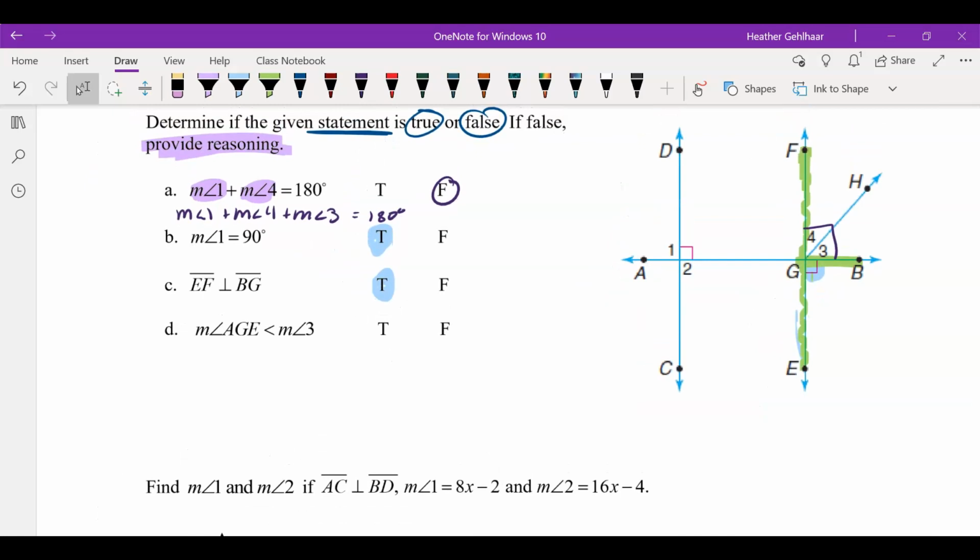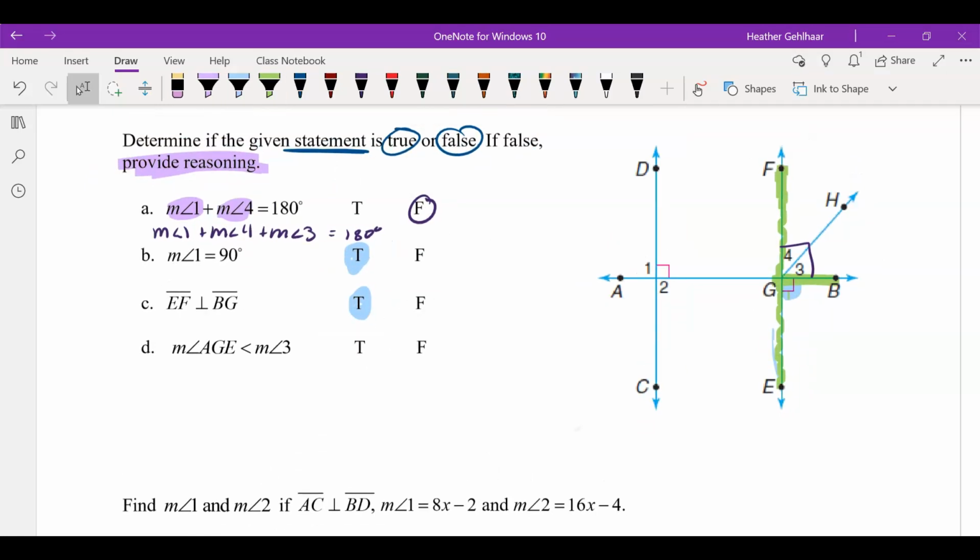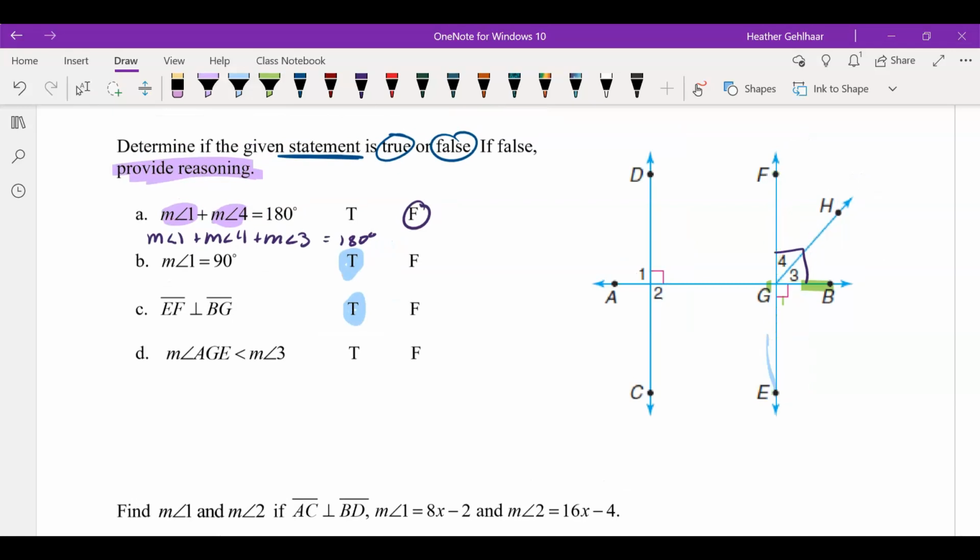Okay, next we have here the measure of angle AGE and the measure of angle 3. Oh, okay, so this is actually saying this angle is less than this one here.